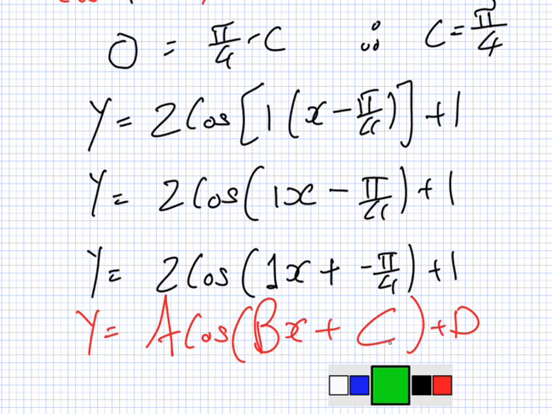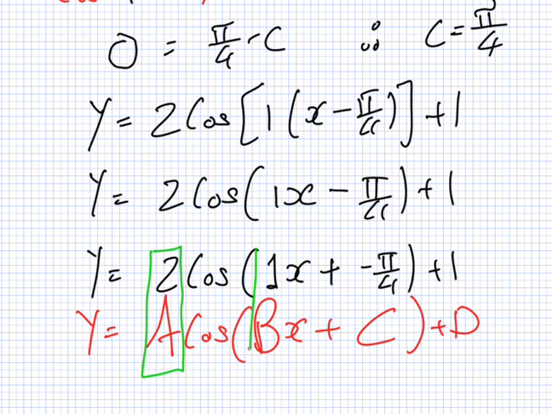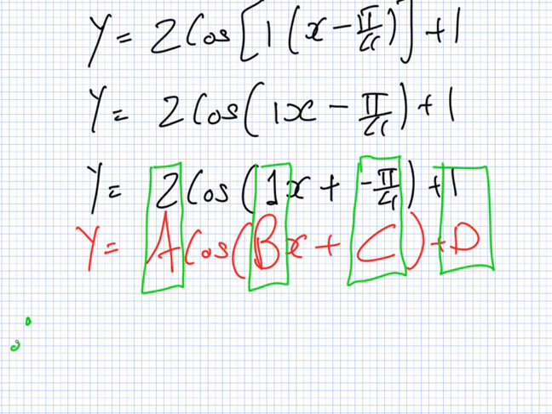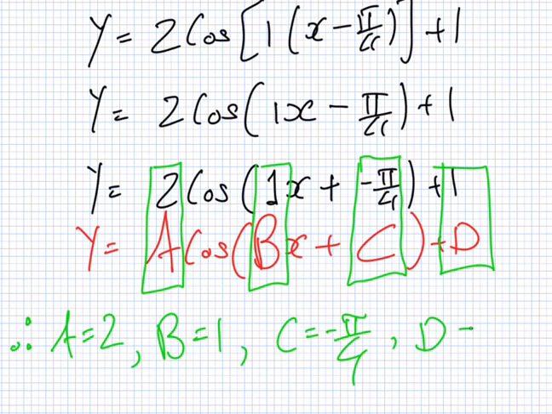So I have to match it up perfectly. Now that I have it matched up, I can say the a is 2, the b is 1, the c is minus pi over 4, and the d is 1. So I have my answers. Therefore, a equals 2, b equals 1, c equals minus pi over 4, and d equals 1.